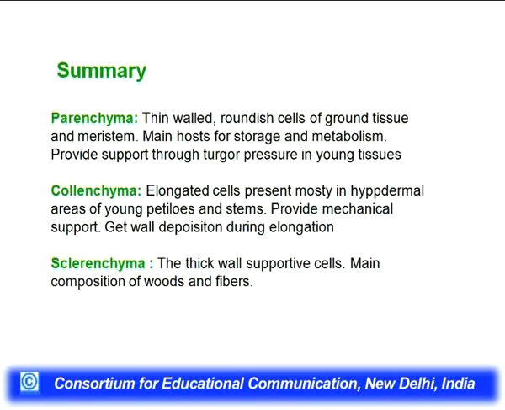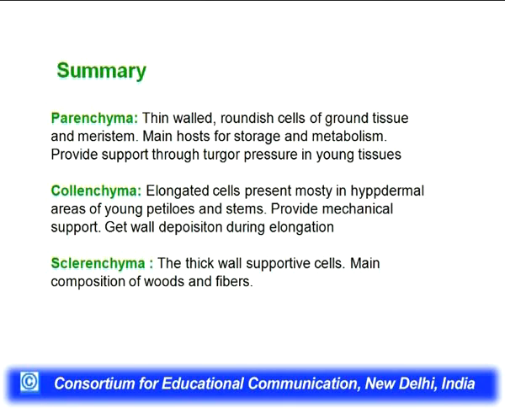Many different kinds of deviations and development take place over parenchyma. The parenchymatous cells are distinct by the presence of thin walls and a roundish structure, and they contribute to most of the growth in the young tissues.